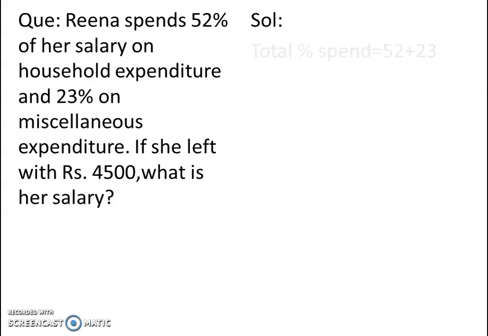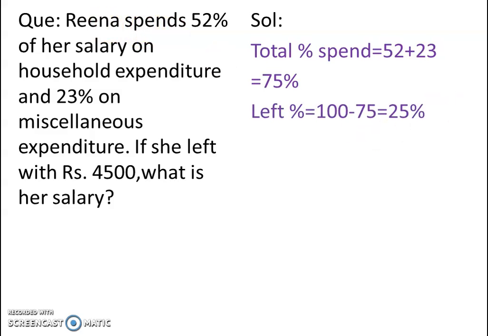So we can calculate total spend, and total percent spent is 52 plus 23, and that is equal to 75%. Now 75% of salary Reena spent, so she is left with 25% of salary, and it is given she is left with 4500. That means 25% is equal to 4500.